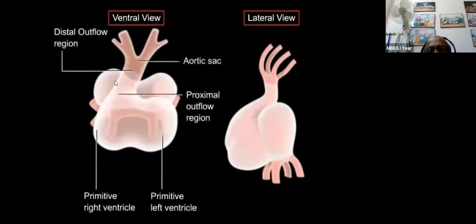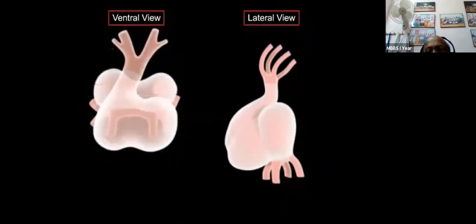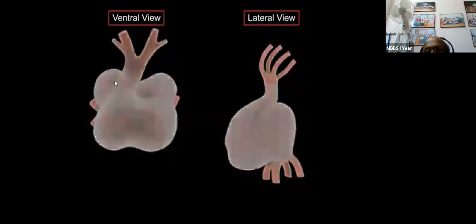Now you understand what we have seen. Before the loop formation, our atrium and sinus venosus are caudal to the ventricles. After the formation of the cardiac loop, they go behind and above, dorsal and cranial. That's how the loop is formed.